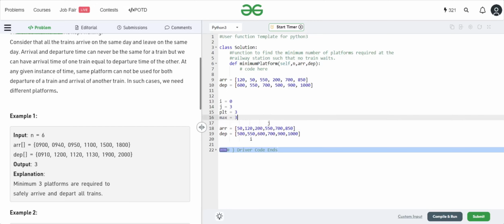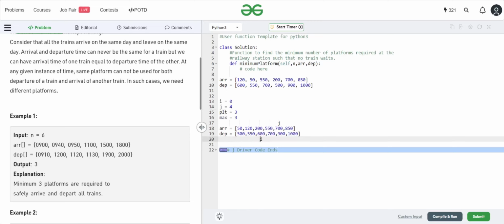And the max counter, which was 2, will also be 3, because that is the maximum number of platforms we're going to need. In this case, we can increment j to pointer 4. Now, when we reach pointer 4, we check again for 550 and 700. Now, our departure time is less than our arrival time.